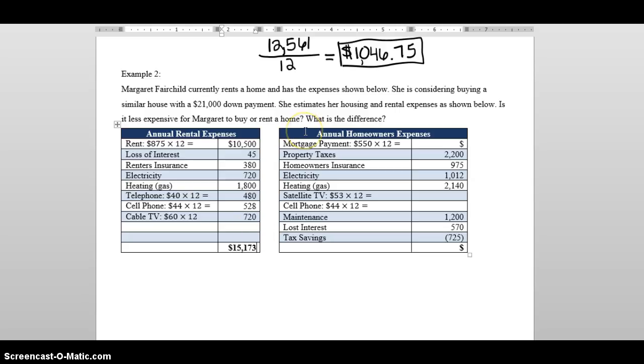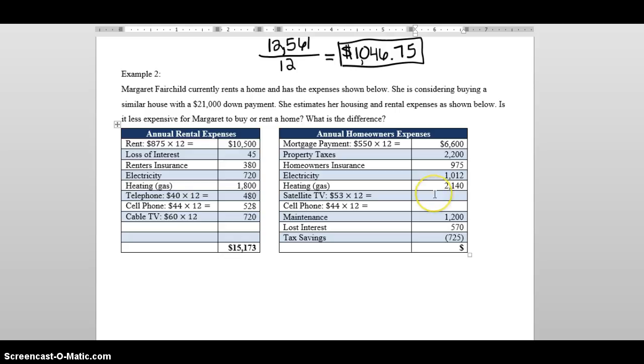On the right, we have the annual homeowner's expenses. She's going to have a mortgage payment of $550 a month times 12 months, which gives us $6,600. She's going to pay $2,200 in property taxes, $975 for homeowner's insurance, $1,012 for electricity, $2,140 for heating and gas.